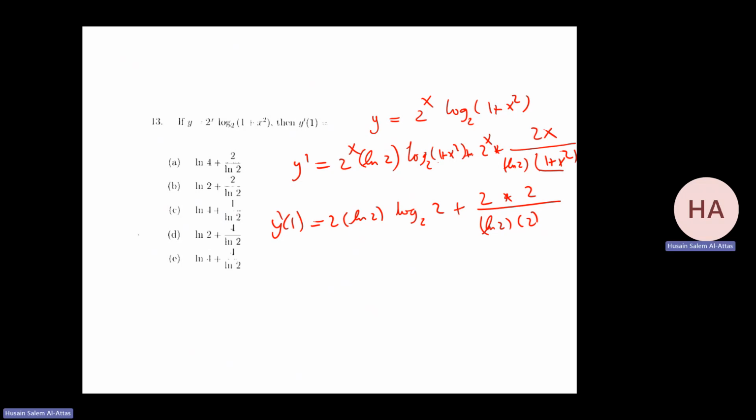Yeah, this is 1 plus 1, which is 2. So this is cancelled. So I'm getting what? This is equal to 1. 2 ln 2, I can take it as a power. So that will be ln 2 to the power 2, which is ln 4, plus 2 over ln 2.